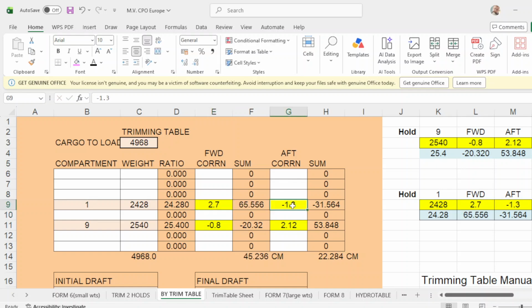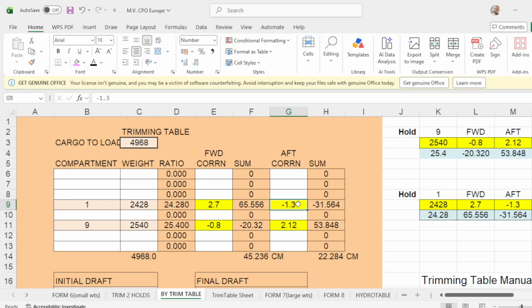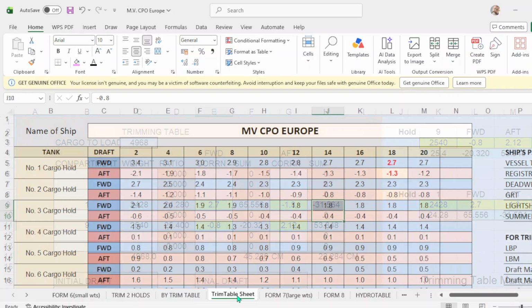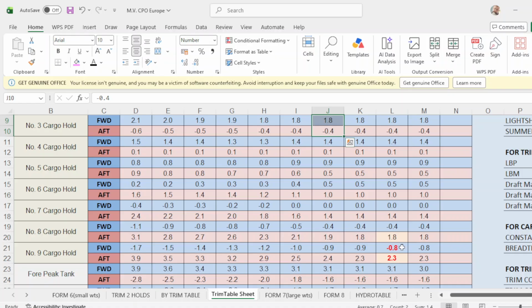Aft correction of number 1 is negative 1.3. There you go, negative 1.3. And number 9, forward correction. Scroll down. It's already highlighted. Negative 0.8.